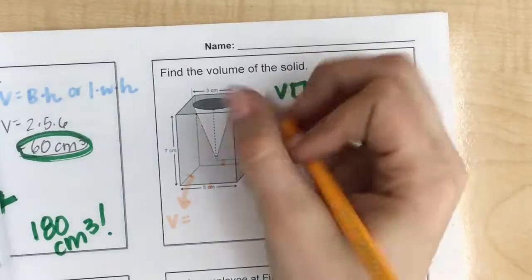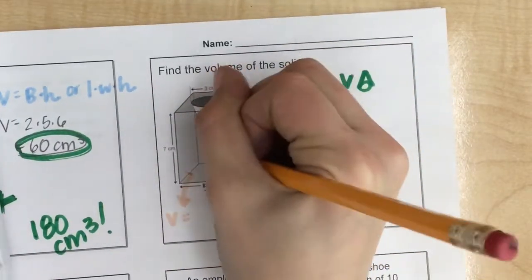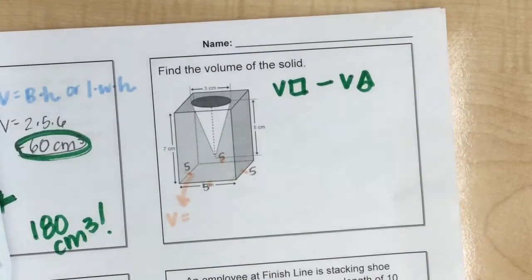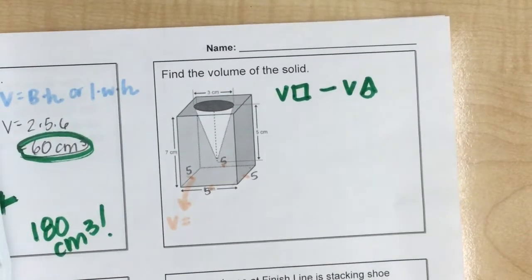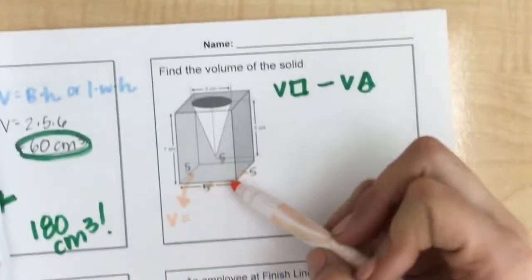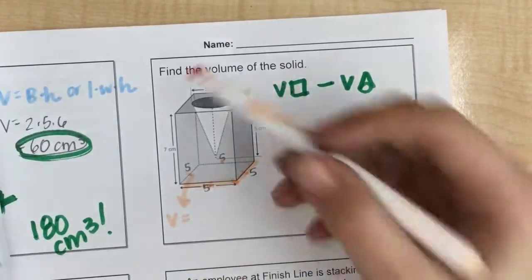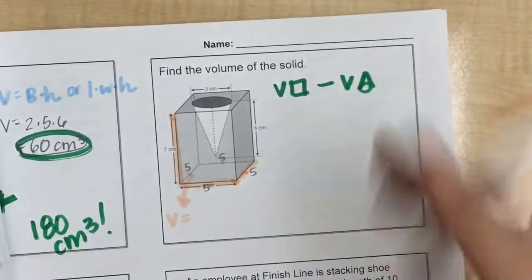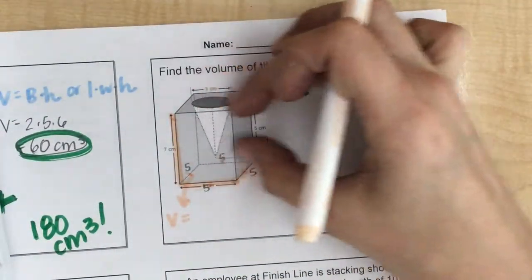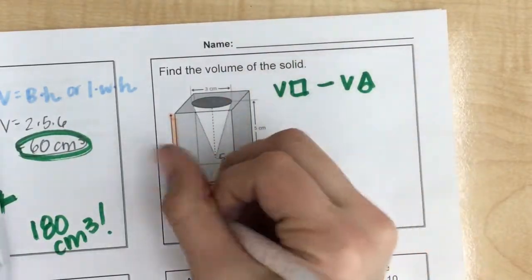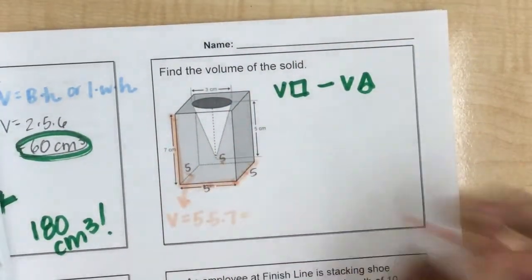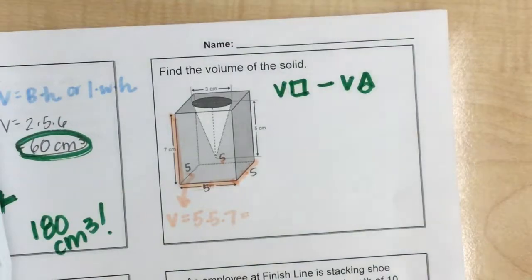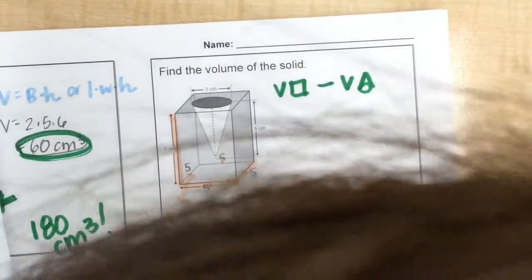So my base is a square, so I have 5 and 5 and 5 and 5. So if I'm taking the volume of that shape, I'm taking 5 length times width, and be really careful because the whole height is actually 7. This is giving me the height of that cone. So 5 times 5 times 7. And that comes out to be 175 for that first half.